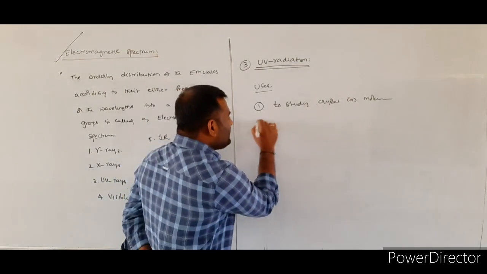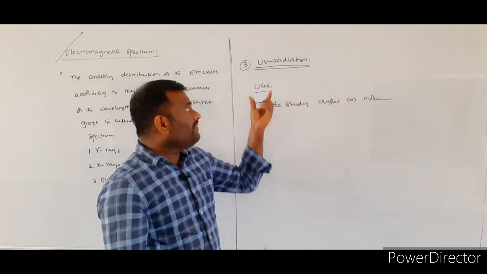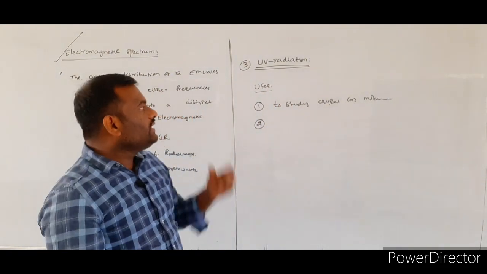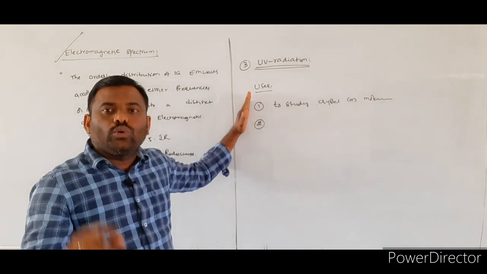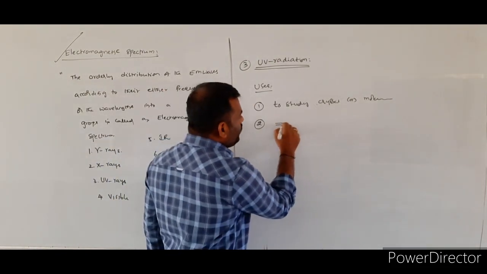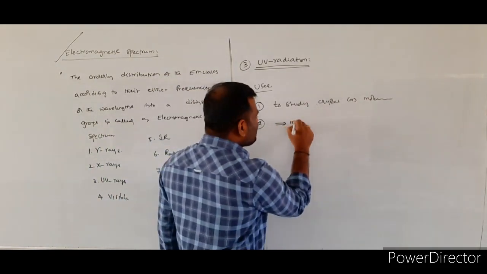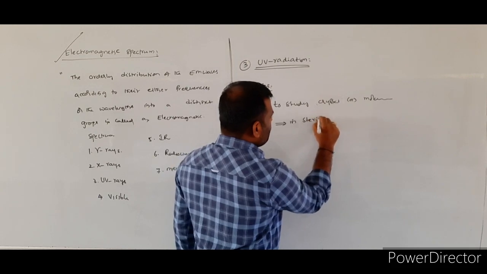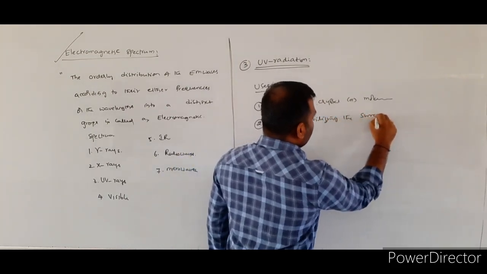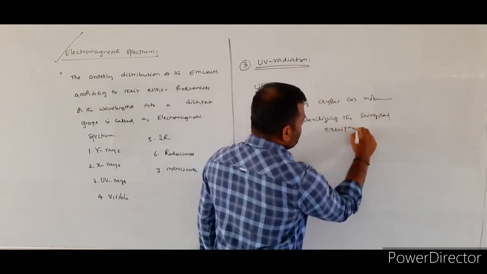Next, this UV radiation will be killing the bacteria. Whenever the UV radiation is incident over the bacteria, they will be killed. So it has the ability to kill the bacteria, so this UV radiation can be used in sterilizing the surgical equipments.